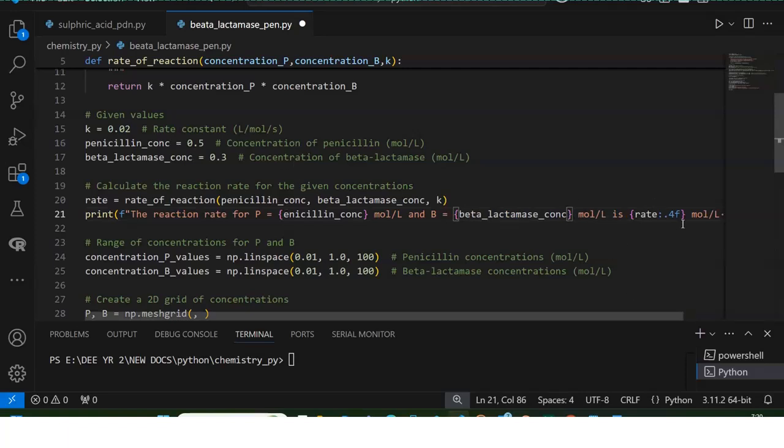So the answer is going to be put here, and it is going to be stored in the variable rate, which has been initialized here.